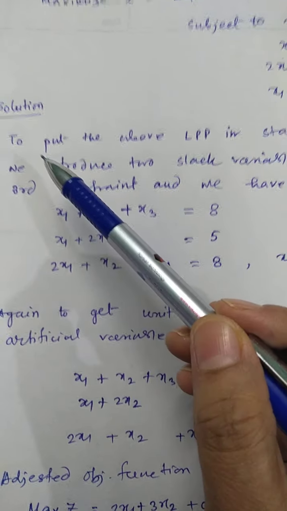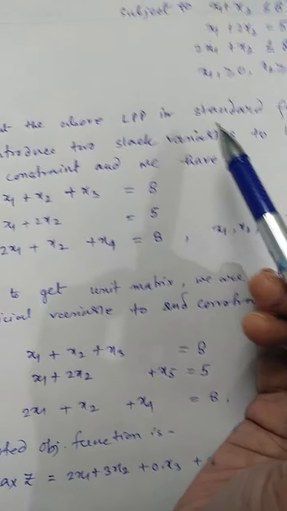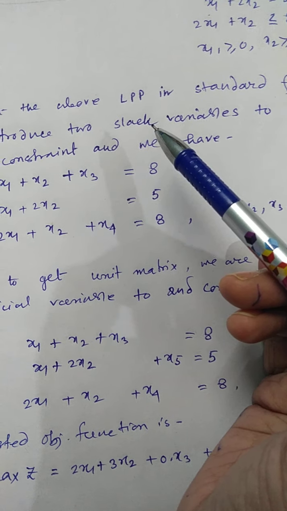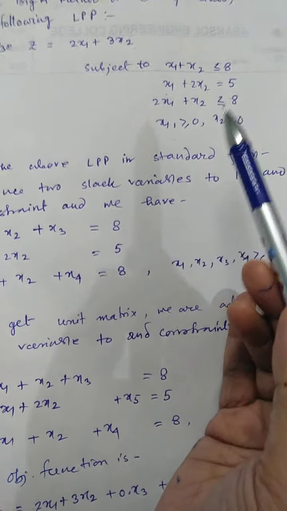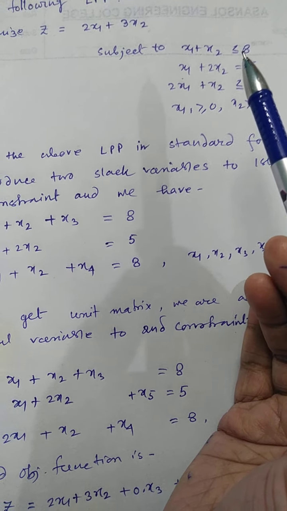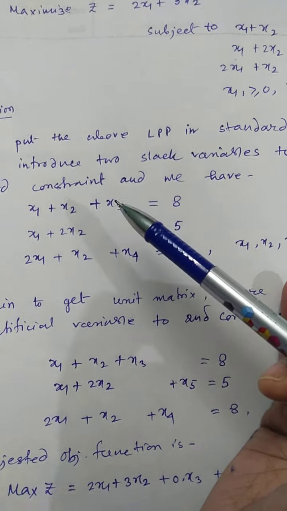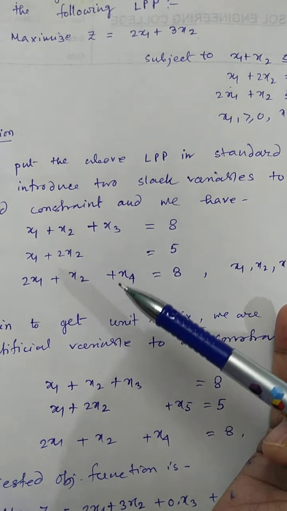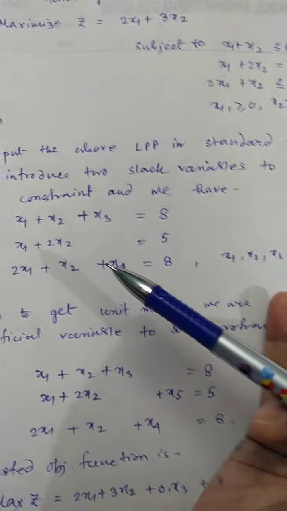How to solve? First, we have to put the above LPP in standard form by introducing slack variables or surplus variables if we need. Here, two constraints have a less than or equal to sign and one has an equal to sign. So for the less than or equal to sign, we introduce slack variables x3 and x4 to the first and third constraints.